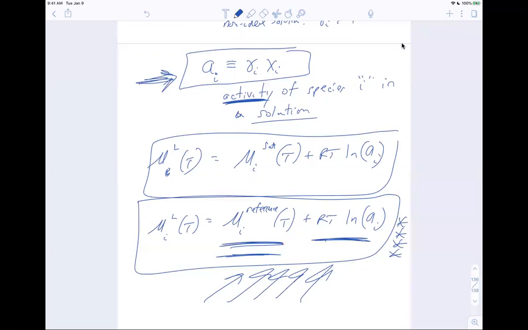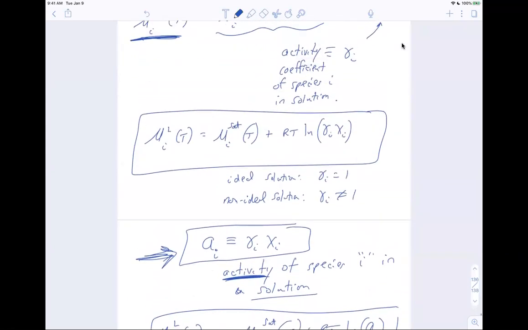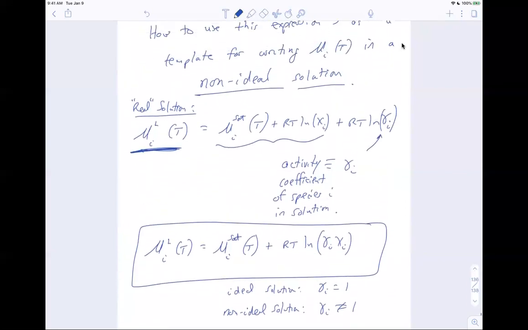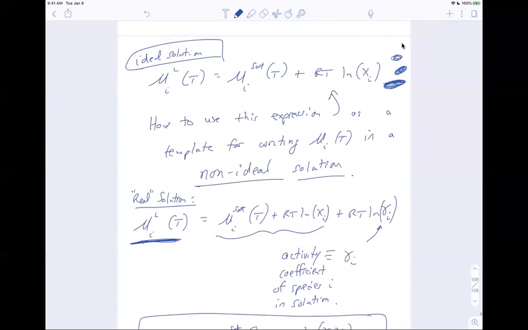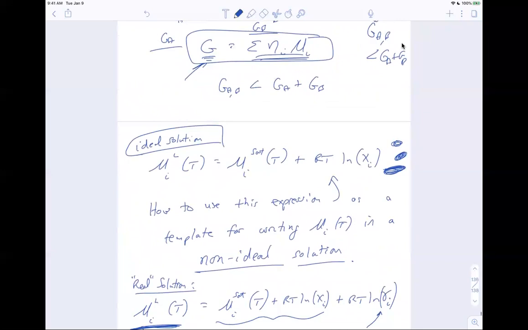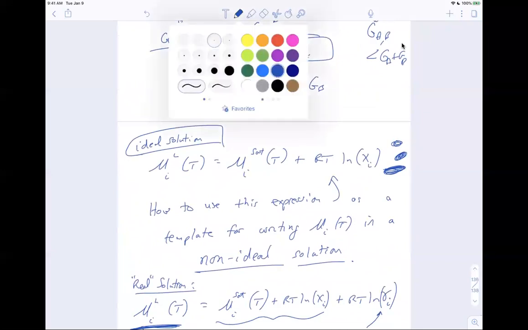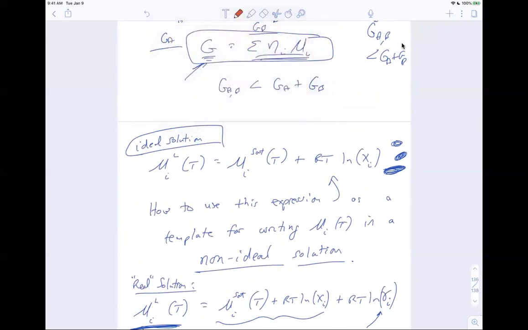So last class, we ended up by introducing this idea of the activity of a species in a mixture. And we saw that for an ideal solution, let me just reiterate that, we're talking about a condensed phase, in particular liquids for the moment, but this applies to any condensed phase or any non-ideal phase.